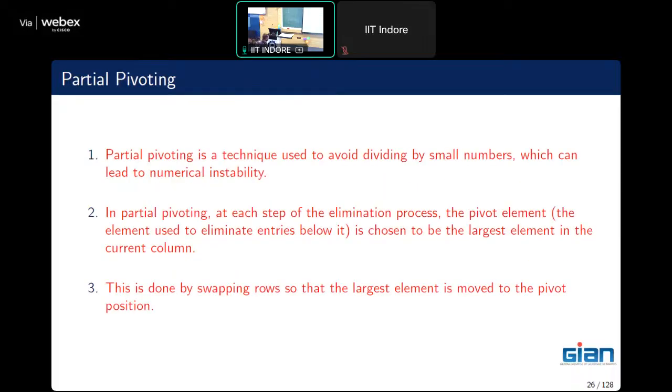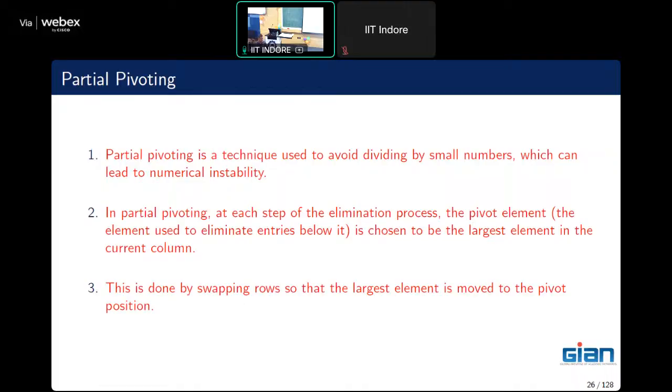As I told you, partial pivoting is a technique used to avoid dividing by small numbers, which can lead to numerical instability. In partial pivoting, at each step of the elimination process, the pivot element, the element used to eliminate the entries below it, is chosen to be the largest element in the current column. Once the first operation is done, in the second operation you again search for the biggest one.